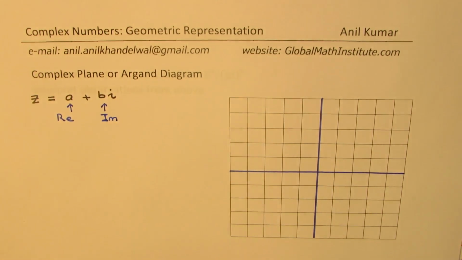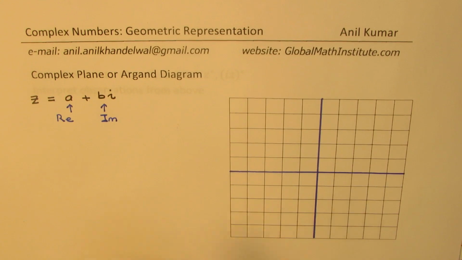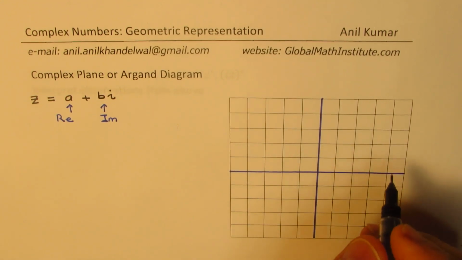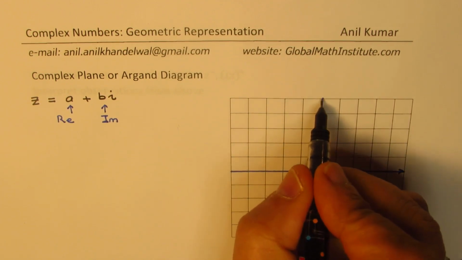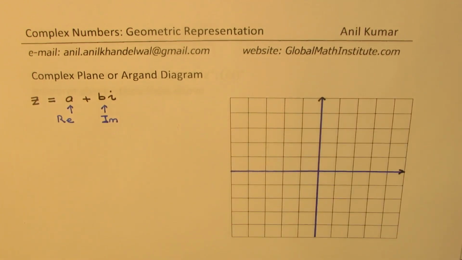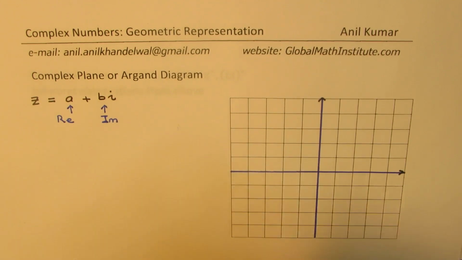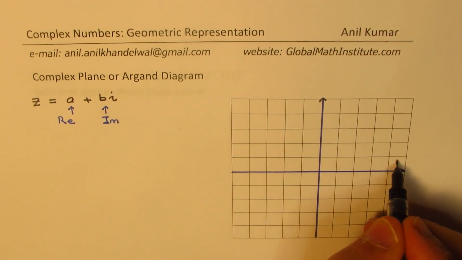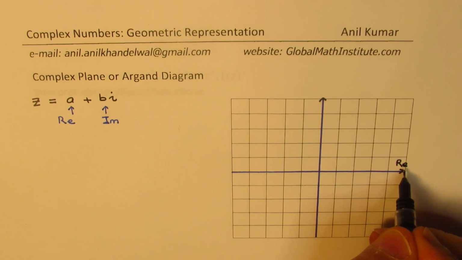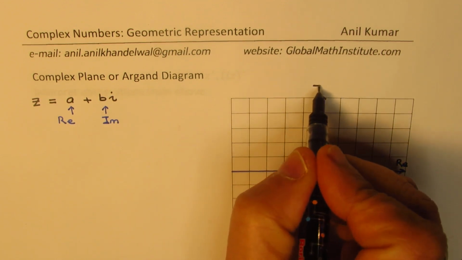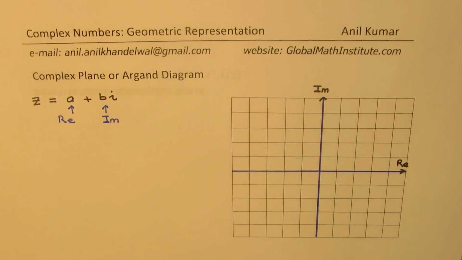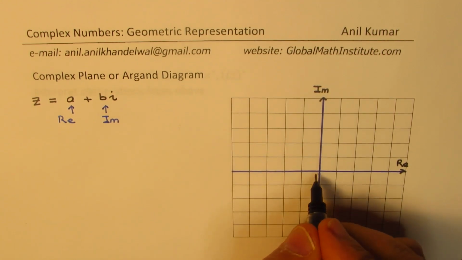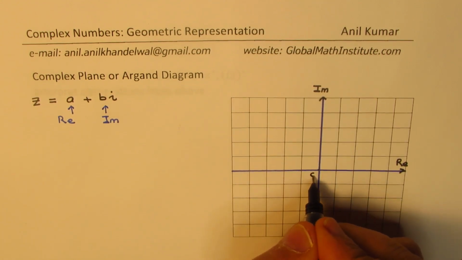On a Cartesian plane, as shown here, we are going to represent the real and the imaginary parts along the horizontal and vertical axes. So the real part will be shown along the horizontal x-axis, and the imaginary part will be represented along the vertical axis, the center being at 0.